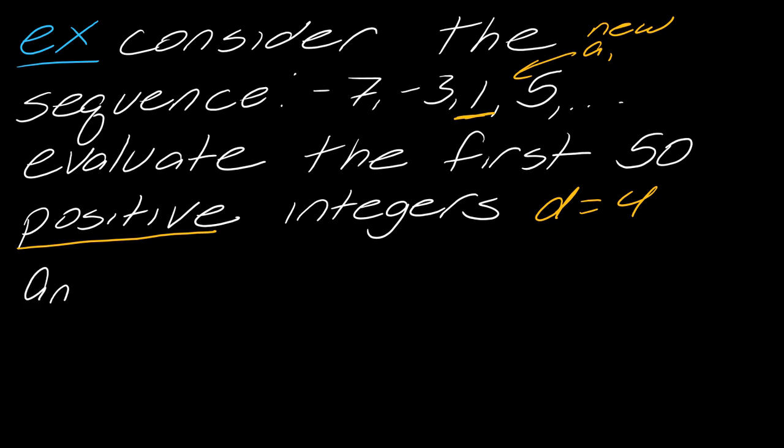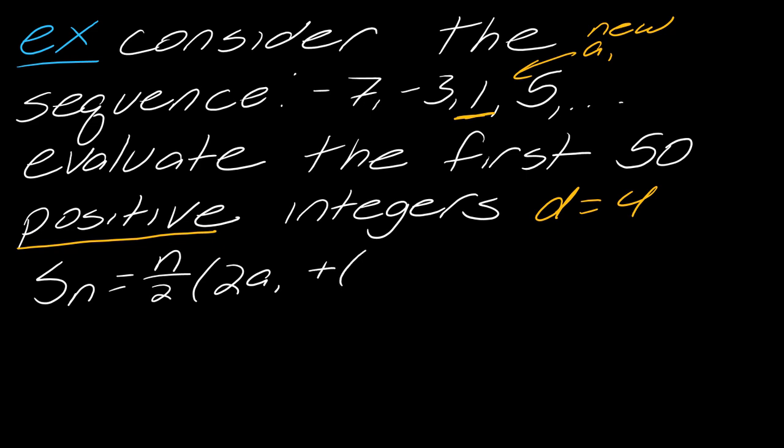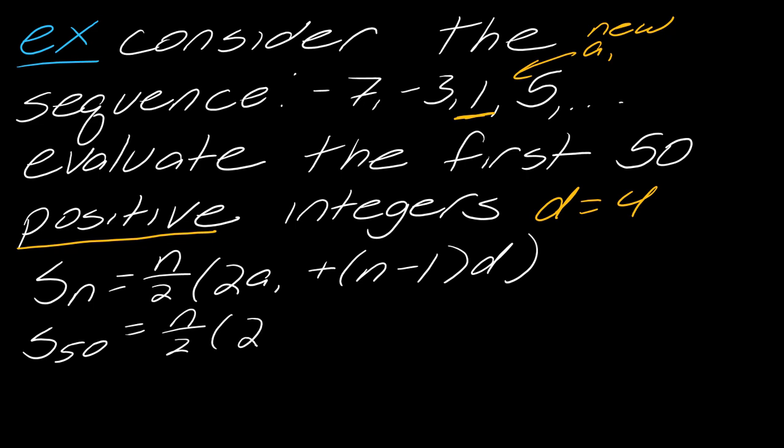Okay, so once again, I want to use that formula, so I'll just write it out. So that was n over 2 times 2a sub 1 plus n minus 1 times d. So this is everything that I need to plug in. So now I want to find the first 50 integers using a new a sub 1. So I'm going to plug in 1 as my a sub 1. And here's everything that I would have had to plug in.